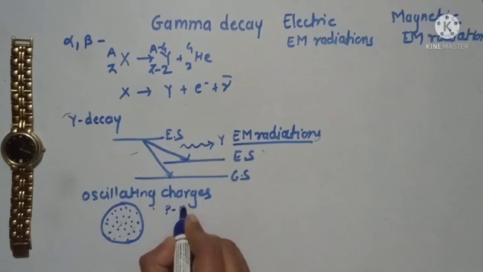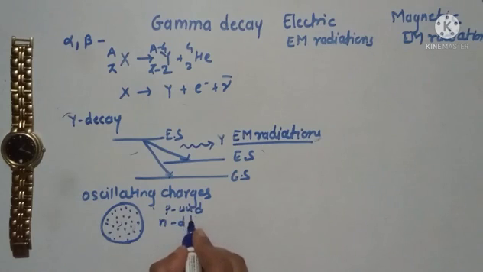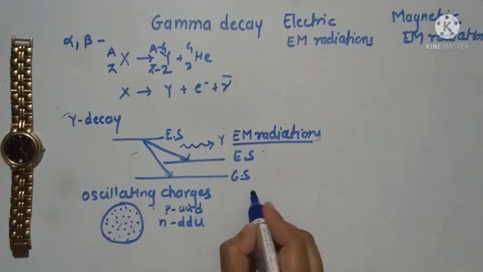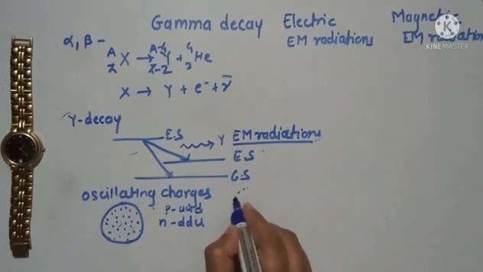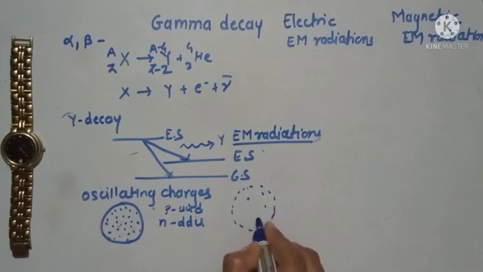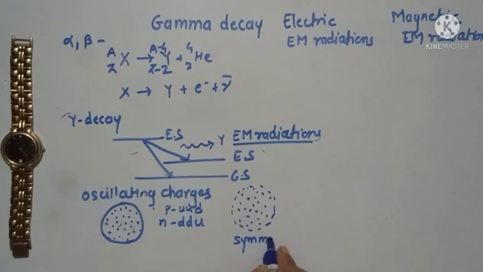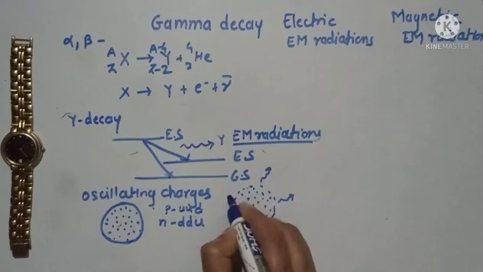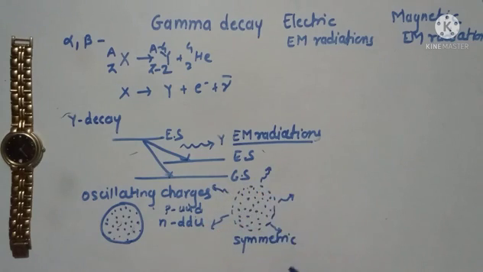The proton is made up of two up quarks and one down quark, whereas a neutron is made up of two down quarks and one up quark. Now if the charge distribution in a nucleus is symmetric, where the charges are distributed symmetrically all over the nuclear volume, then the potential created by such a symmetric nucleus is the same in all directions, and the electromagnetic radiations given out by such symmetric nuclei are isotropic in all directions.